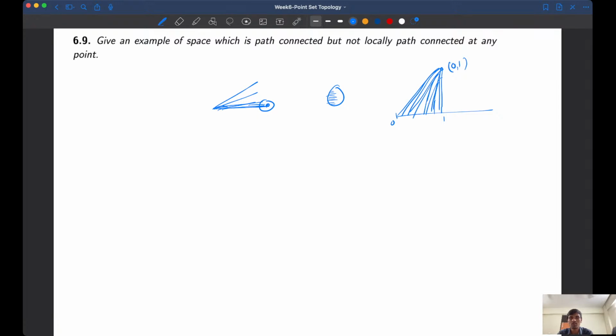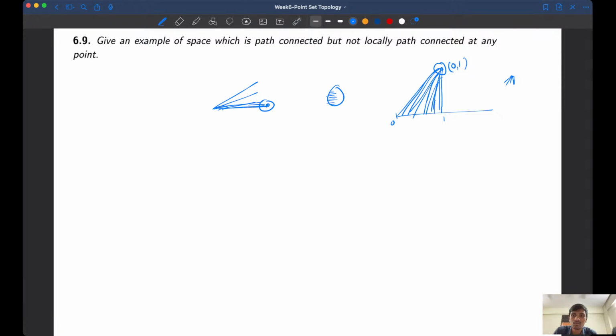At the 0 1 point only you have local path connectedness, because here whatever neighborhood you consider will consist of a union of these paths, so they are clearly path connected. So I have to remove the local path connectedness at this point only.